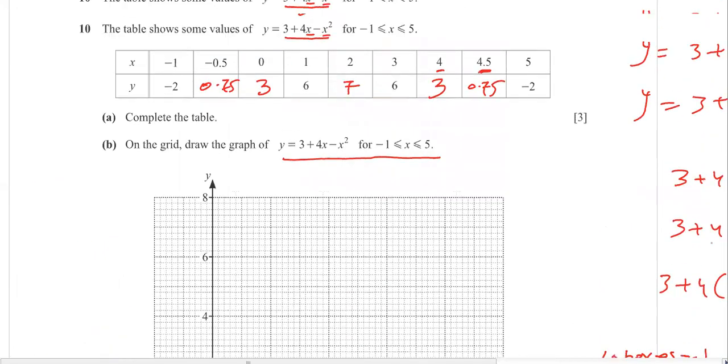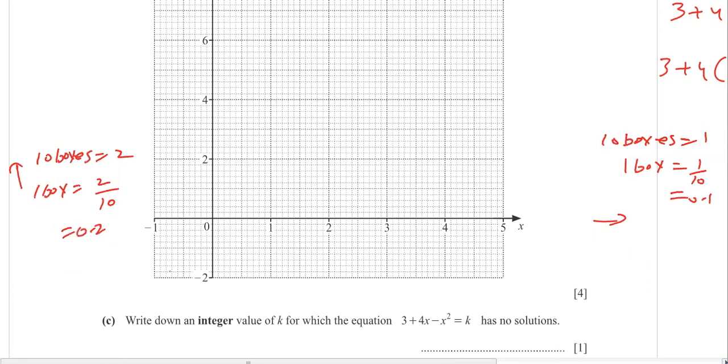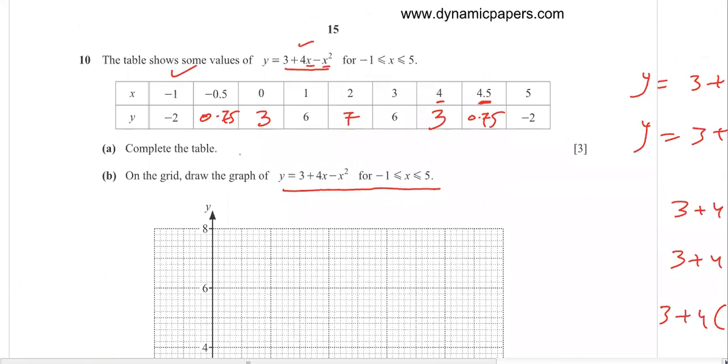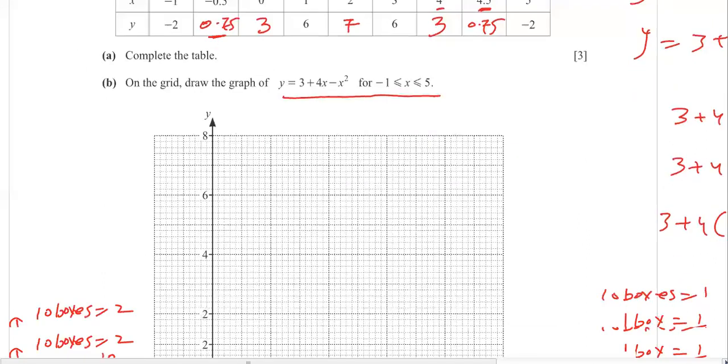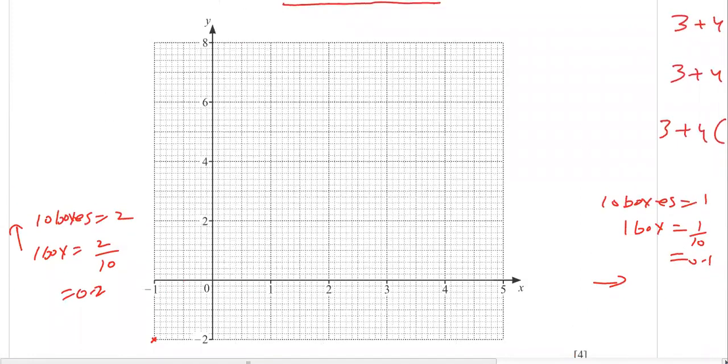Now let's draw. Start from this one. When x is minus 1, y is minus 2. That is done, first point. When x is minus 0.5, y is 0.75. Minus 0.5 will be this point. So y is 0.75.